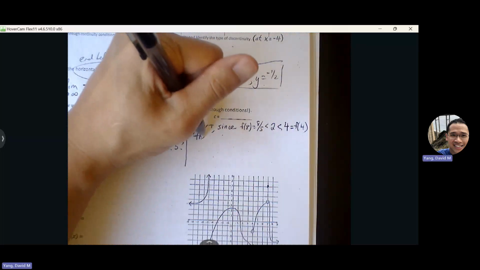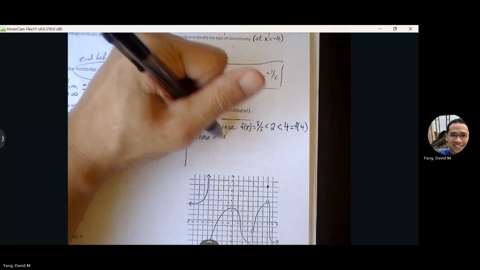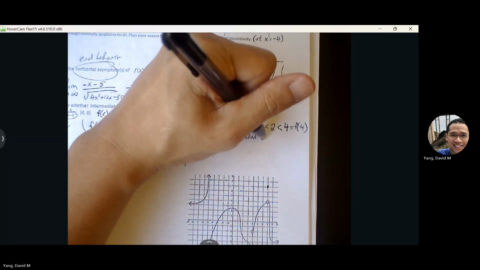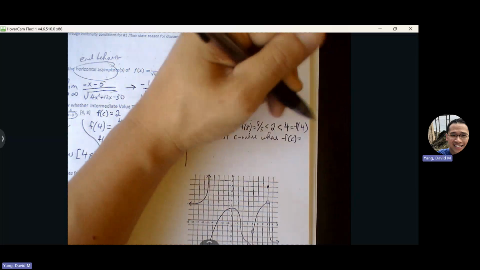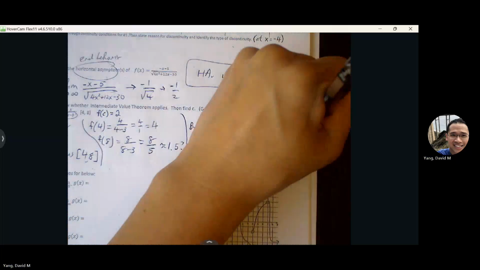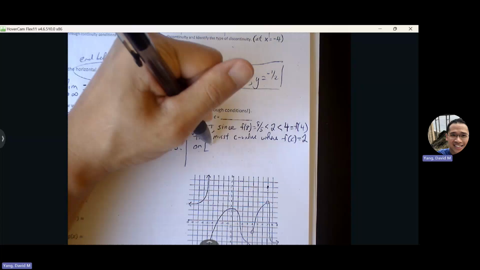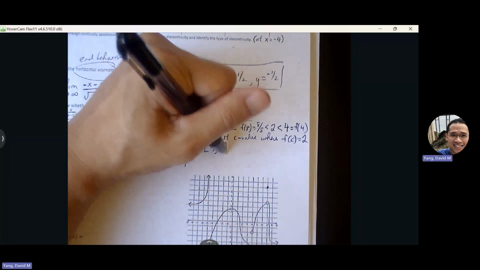There must be a C value where f of C is equal to 2 on the interval from 4 to 8.